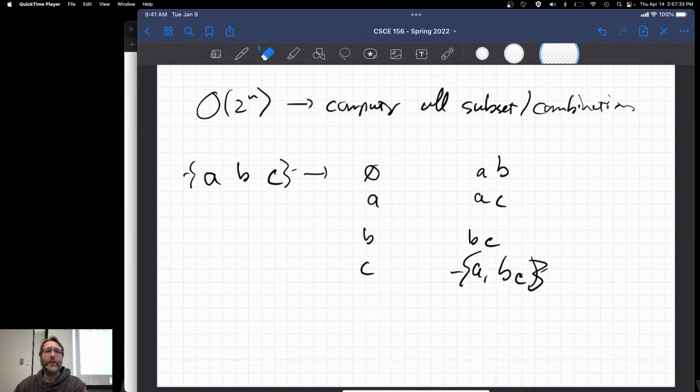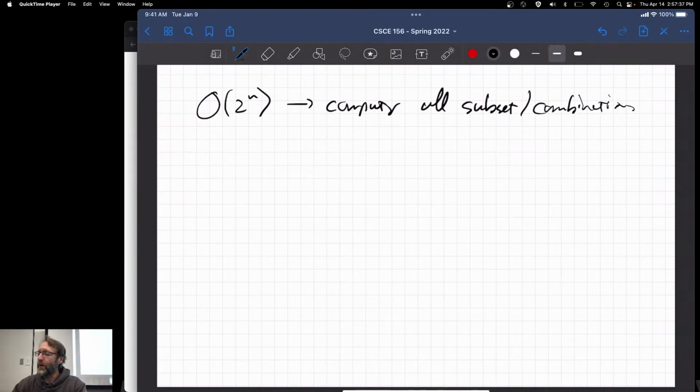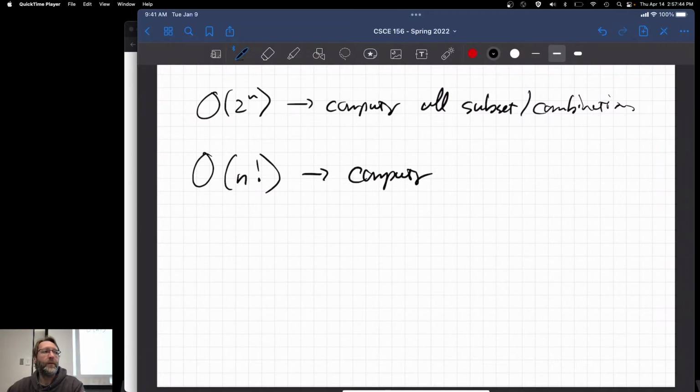You guys do this in 235, right? Okay. What's an example of a super exponential? Say, n factorial. Computing, not combinations, but what's their cousin? Ordered arrangements of permutations.